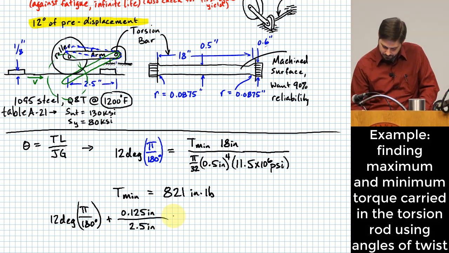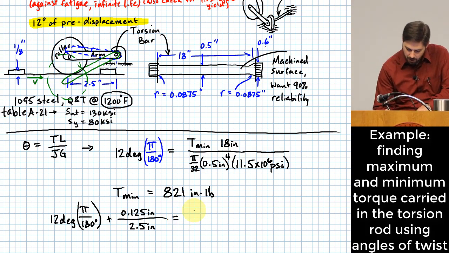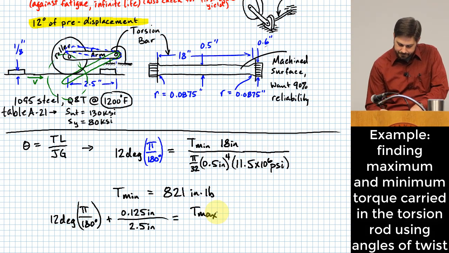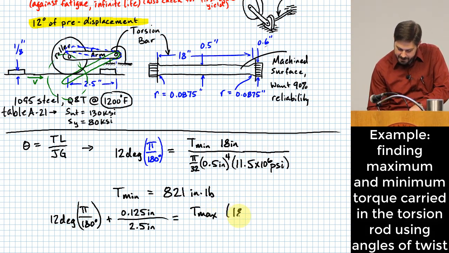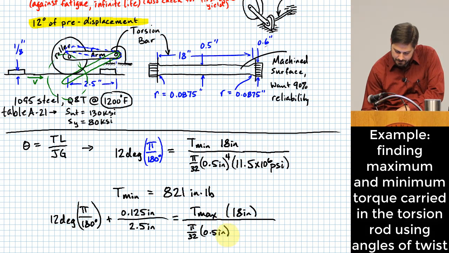Okay, so this is going to be equal to our maximum torque that it experiences multiplied by 18 inches, divided by pi over 32 times 0.5 inches to the fourth times 11.5 times 10 to the sixth psi.